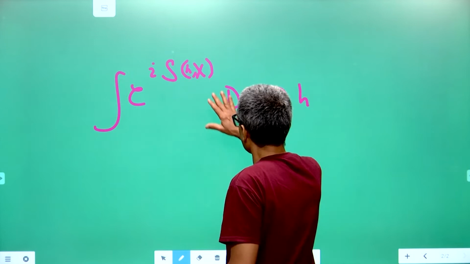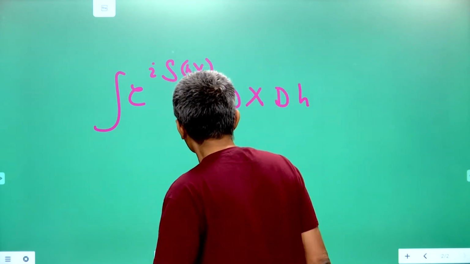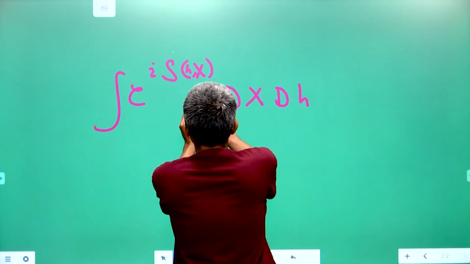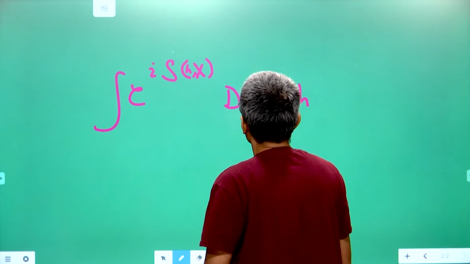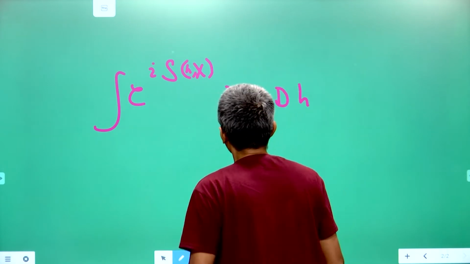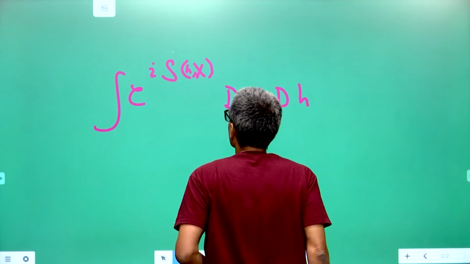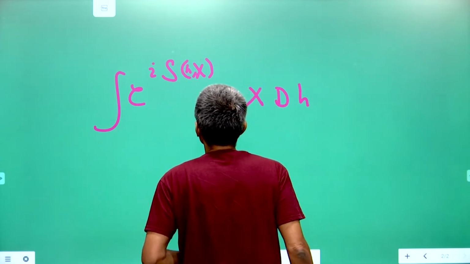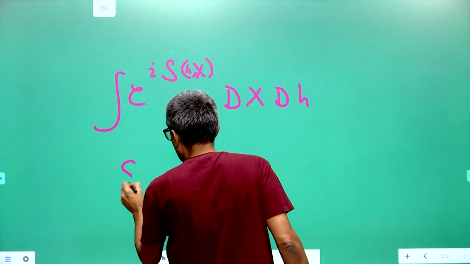For example, when you have a functional of the metric end of the string, you want to calculate its average value, then you will insert that here and calculate the average value, as you do in conventional quantum field theory. Now, to compute this path integral, you are integrating over h and also over x, and what is S of h, x?